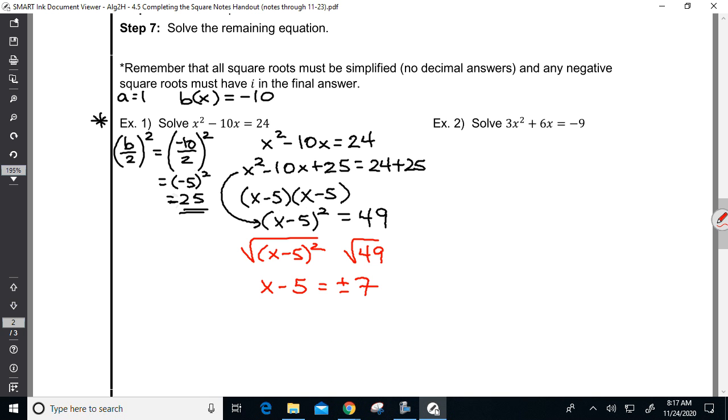So then to solve the remaining equation, this means you have two equations. X minus 5 equals positive 7. X minus 5 equals negative 7. So one of your answers is 12. One of your answers is negative 2.